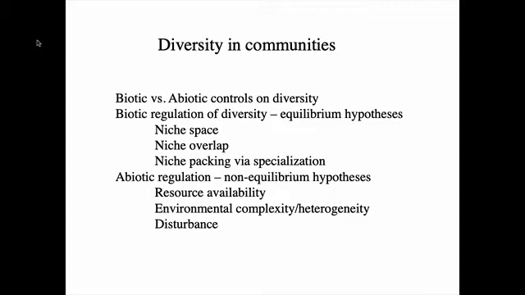Okay, what we don't see is niche overlap being a prominent explanation for why some communities have more species than others. You can't pack too many species together if their niches overlap. That's just unstable. And we know it's unstable from the discussion we had about character displacement.